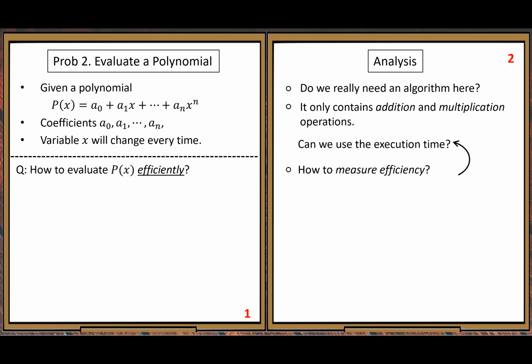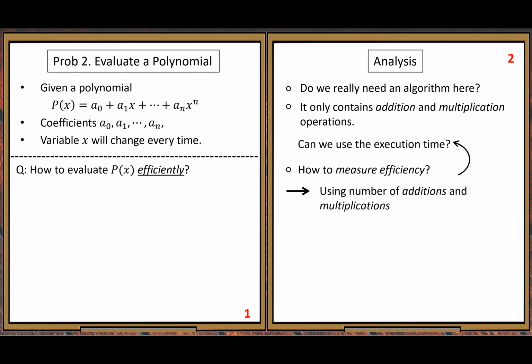The first measure we can imagine is execution time. Because we can clock it, we see how many time units we need to complete. That's the straightforward measure.